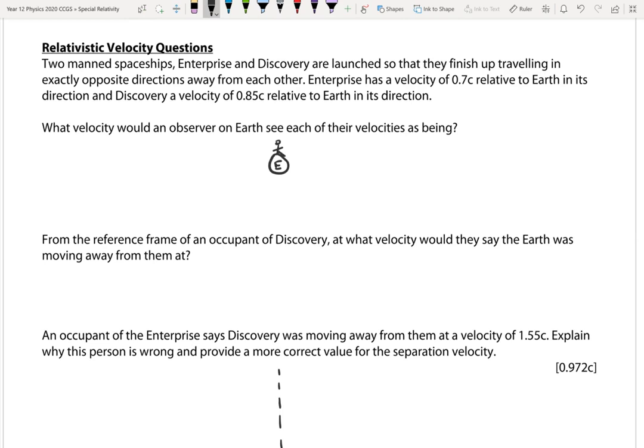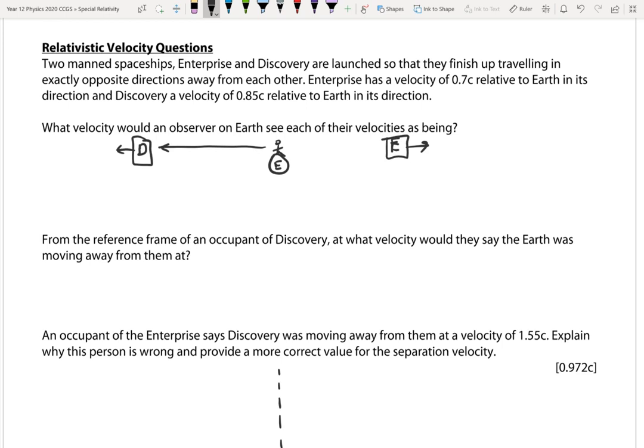You've got VE for Enterprise and VD for Discovery. They are travelling in opposite directions. So take your pick. Let's say that V Discovery, that's a D, travels that way, and Enterprise travels that way.